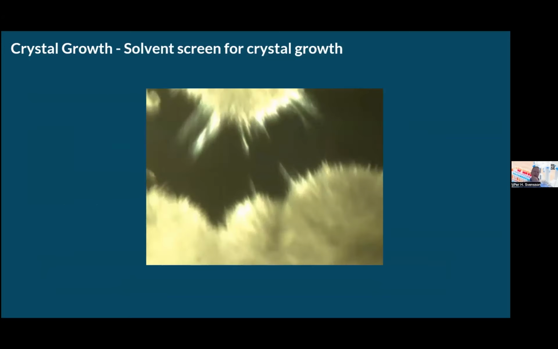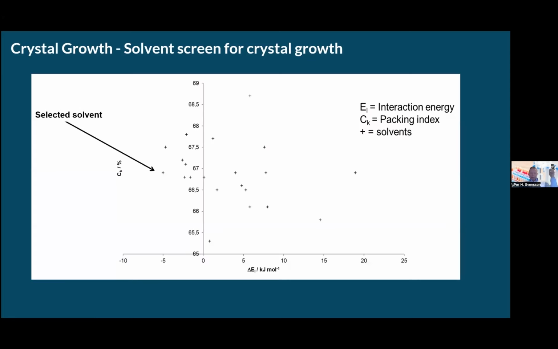And here you can see how the crystals look initially, and these are very small and clustered and not appropriate for absolute configuration determination. In order to facilitate and support the experimentation, a molecular mechanics-based solvent screen of the API was conducted. And here we can see the results for such a prediction.